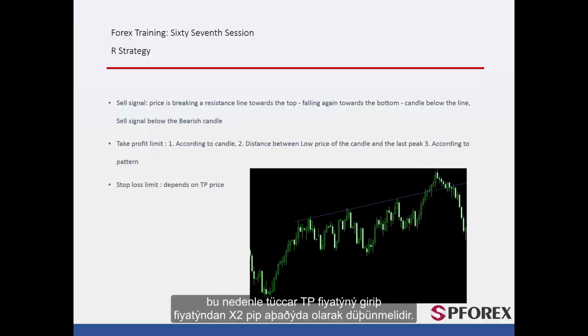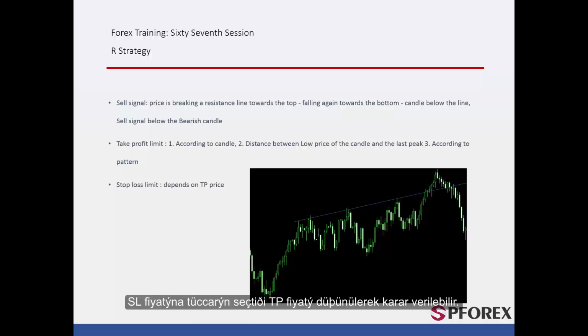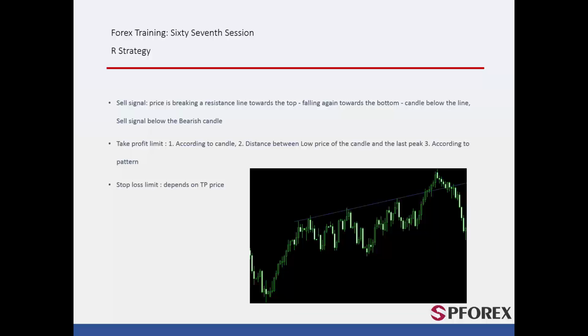Thus, a trader can consider a TP price x2 pips lower than the entry price. 3. If a powerful pattern forms in this region, a trader can consider the third TP price via this pattern. SL price can be determined considering the TP price that the trader selects.